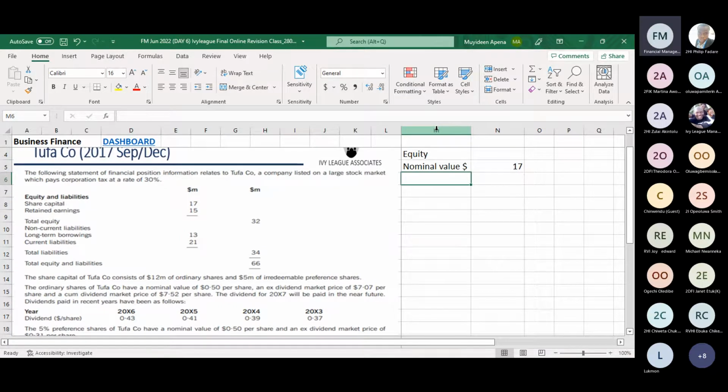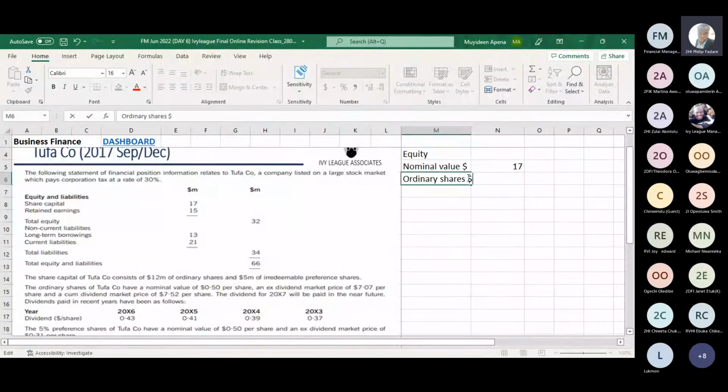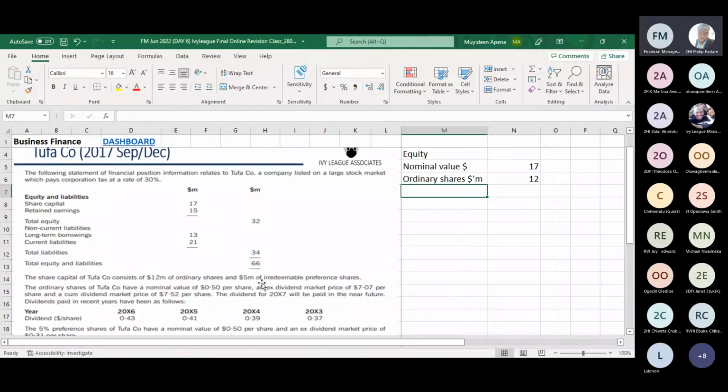The share capital of Tufacco consists of 12 million of ordinary shares, which means this is the nominal value we are talking about, and 5 million of irredeemable preference shares.